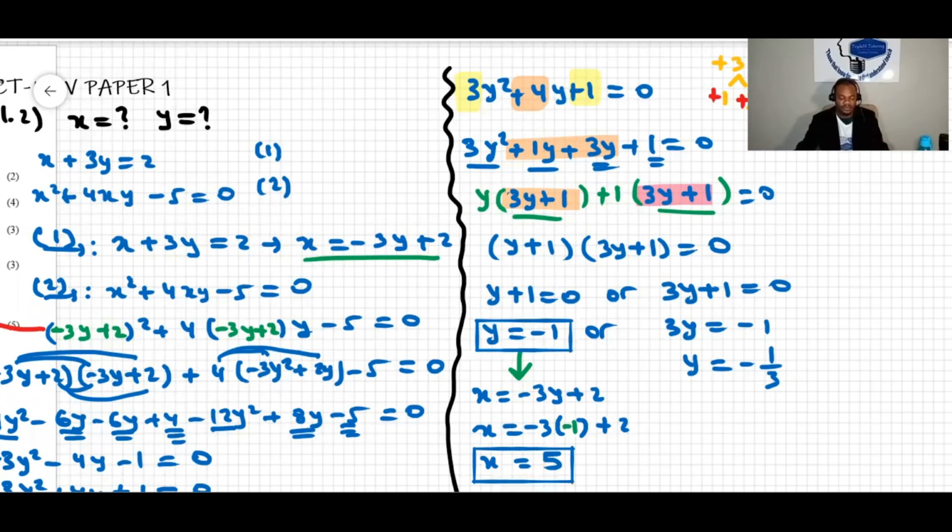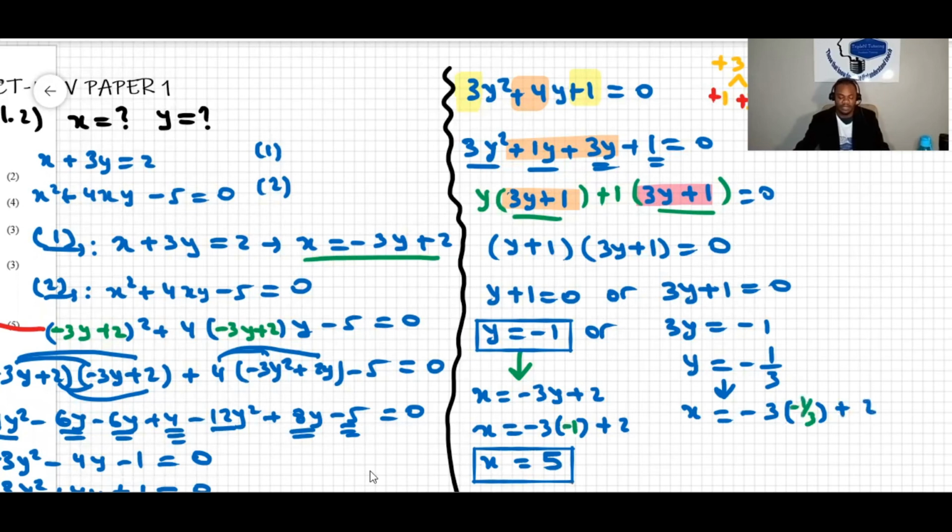Now, over there also I do the same thing, assigning the value of x. x will be equal to negative 3y plus 2, and then I substitute the value of y, which is negative a third.